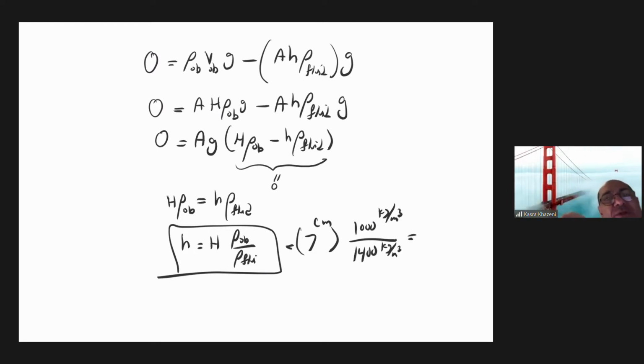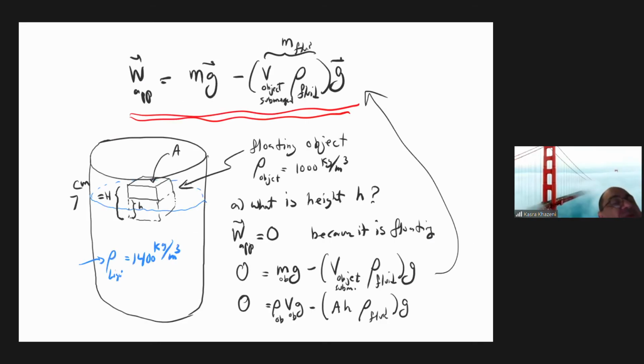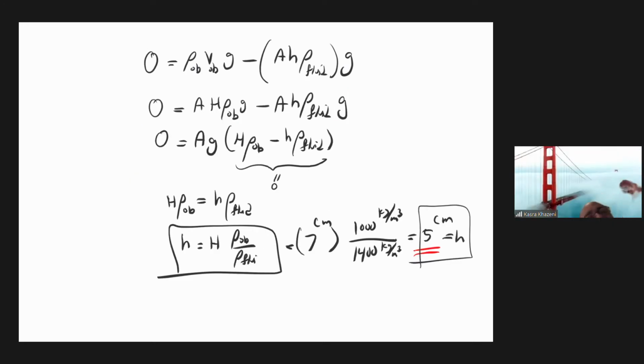When you work this out, you get 5 centimeters. So this is your h. You can see the length of the object that is below the liquid surface is 5 centimeters, when the entire height of it is actually 7 centimeters.